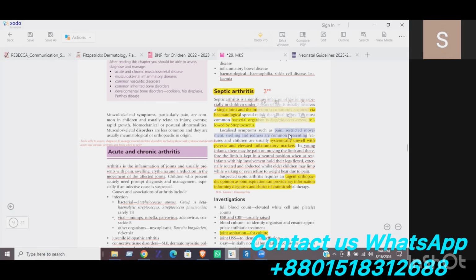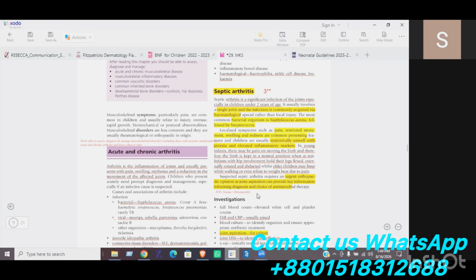Always remember, in a septic arthritis patient, the child is always unwell, that means pyrexia. The neutral position is important due to pain. Urgent orthopedic opinion is another important topic for the exam, to wash out the joint.